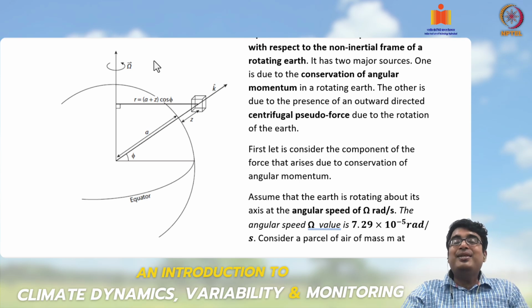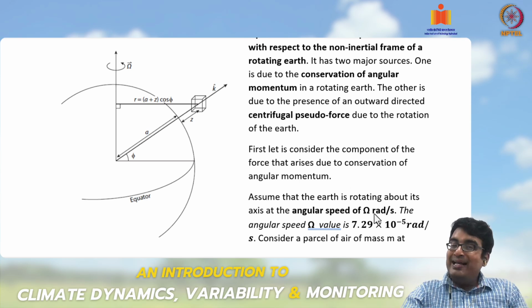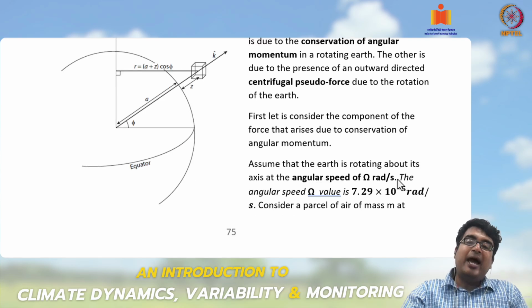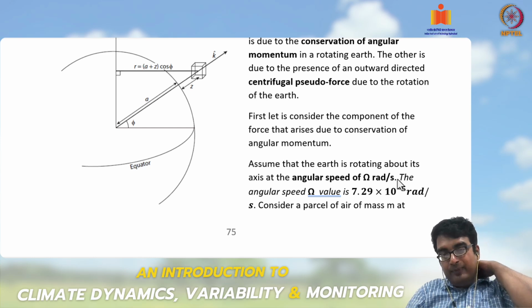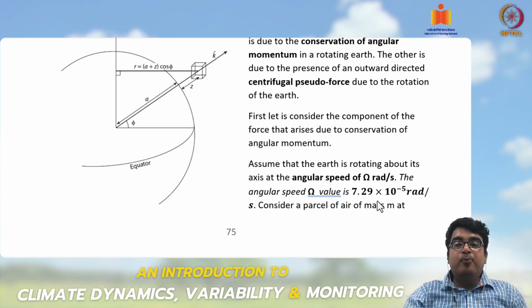Now, the Earth is rotating at an angular speed omega around the axis. This omega is in radians per second, and based on the idea that the Earth completes a 360-degree rotation in 24 hours, this angular speed omega is 7.29 into 10 to the power minus 5 radians per second.